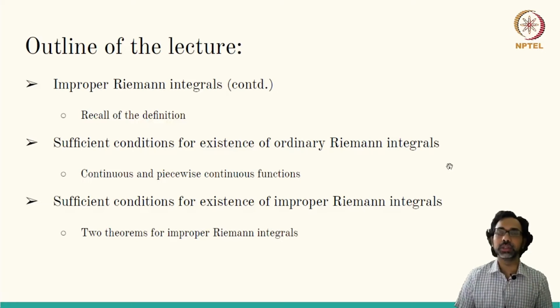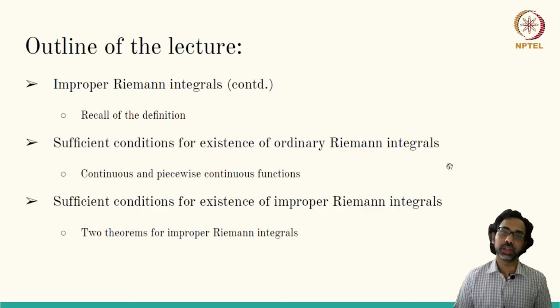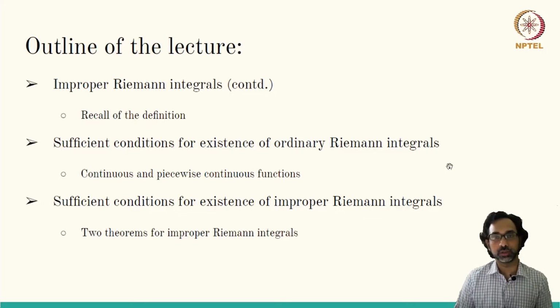So in this lecture, we will review the definition of the improper Riemann integral using limits, and we will also see examples where this limit may fail to exist, and so we should study the sufficient conditions under which these kinds of integrals are guaranteed to exist. So these limits will be finite.